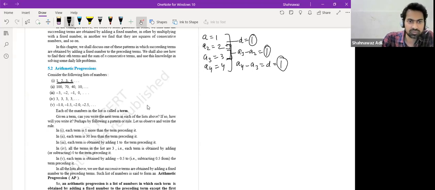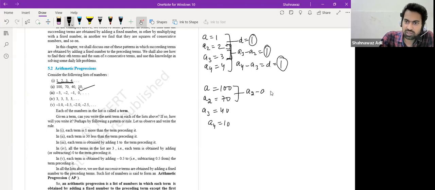Right, guys? And what about this question? We have A1, which is 100, A2, which is 70, A3, which is 40, and A4, which is 10. First, let us calculate A2 minus A1. So this is 70 minus 100, which is minus 30.